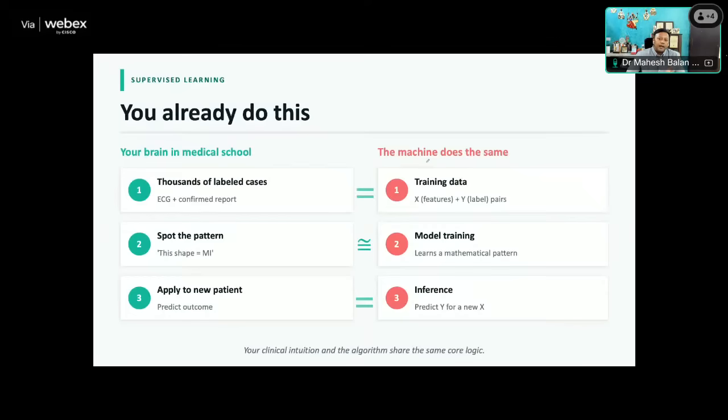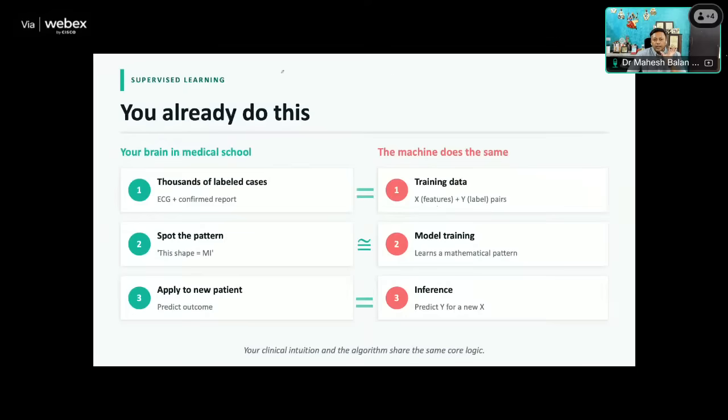Here, the parallel is I am giving a set of ECG reports or images, and the doctor is also telling this sort of image could be a tumor, this sort of image could not be a tumor. But how we learn is consciously, cognitively. How the machine learns translates that into a bunch of numbers, and it comes up with a function and tells you the answer. So it's very similar, but here it's an empirical way of learning, while how we learn is a biological way, or a different way of learning, right?